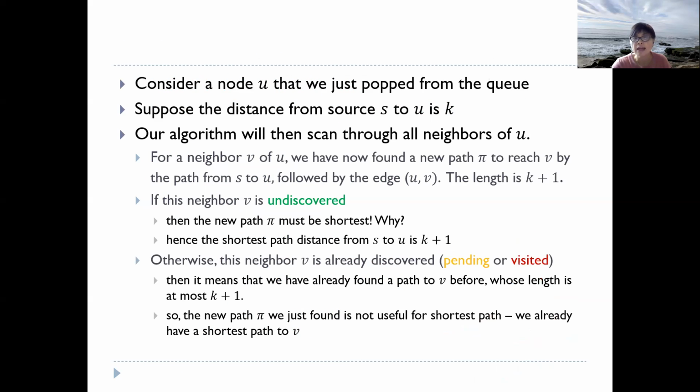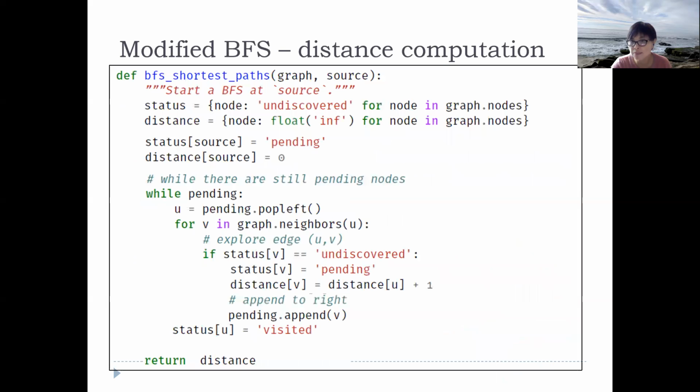All right, questions on this? Okay, and once we understand this, it's easy to modify the breadth first search algorithm to also record the shortest path distance information, okay?